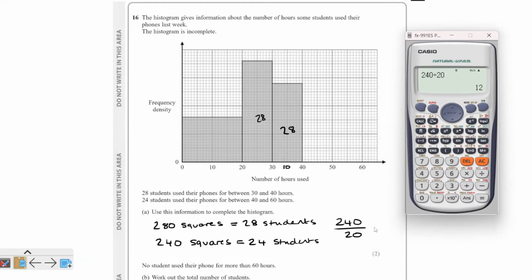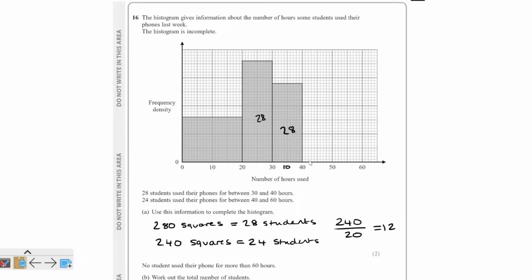So I just need 12 squares up. So then I can count them. So that's 5, 10, 11, 12. So you see how that's like here. Now let's get my lines. Draw across at that point. And then down obviously at 60.